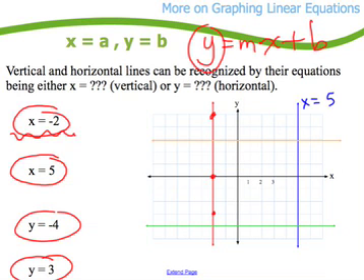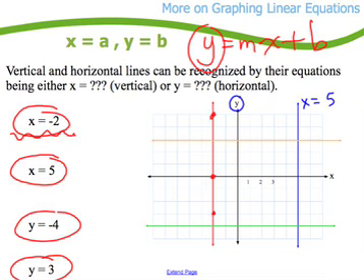The real trick with these is making sure that you remember which way x goes and which way y goes. Another way I remember it is that they're always opposite. Here's the y-axis this way. And so any line that's parallel to this y-axis is always going to have the opposite letter.